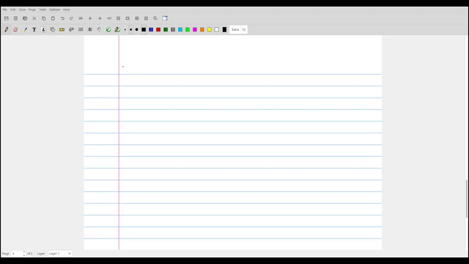So suppose we have a multivariable function and a critical point of the multivariable function.